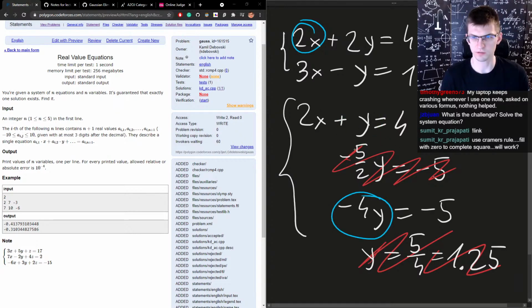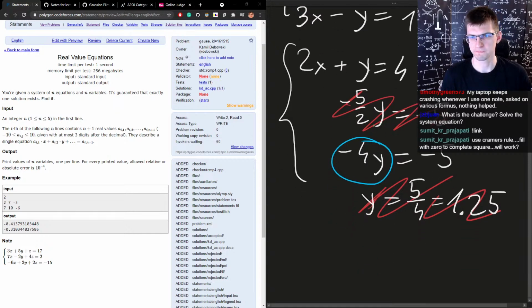This should become 0. And that shouldn't be too hard. First we say plus equal the other times 1/4.